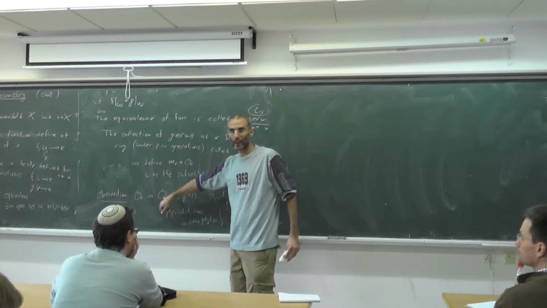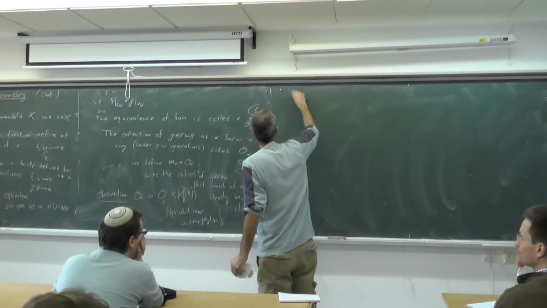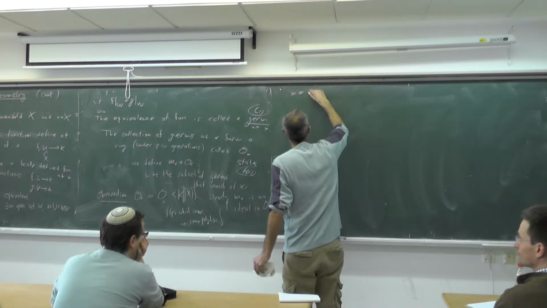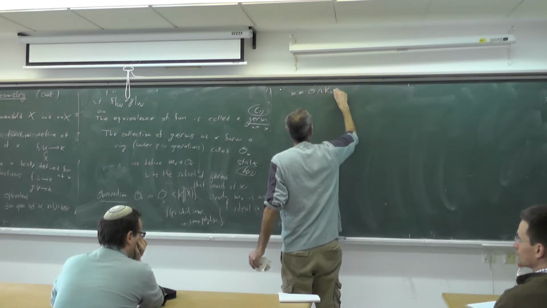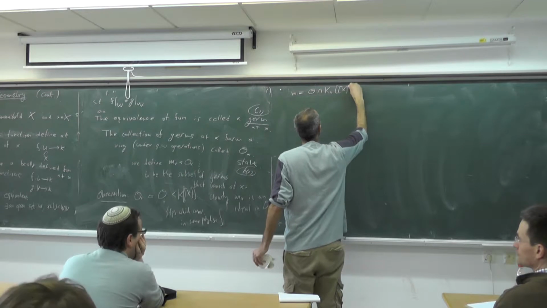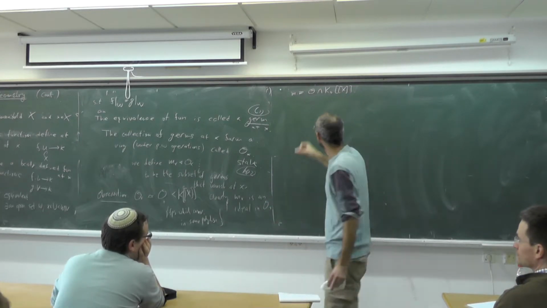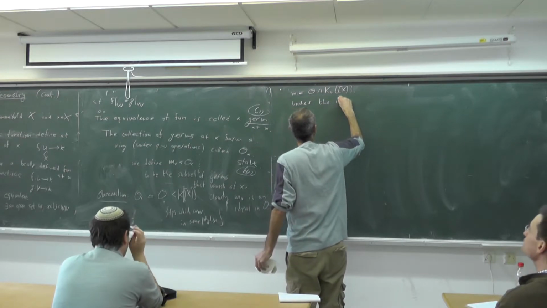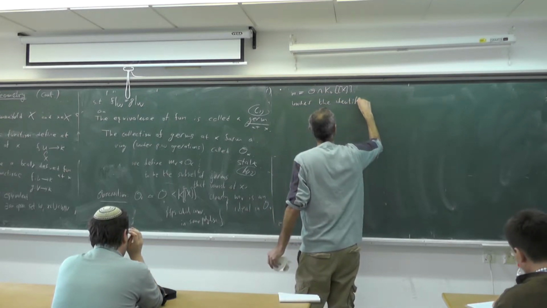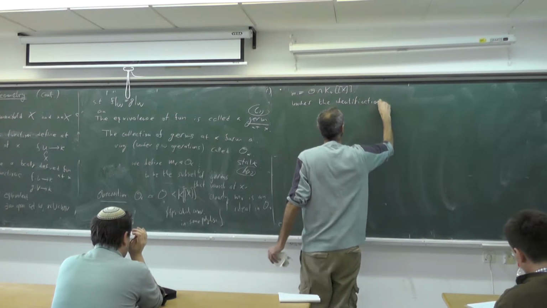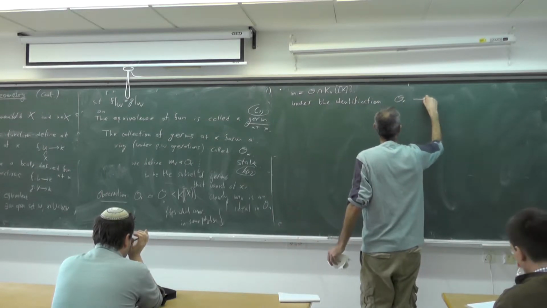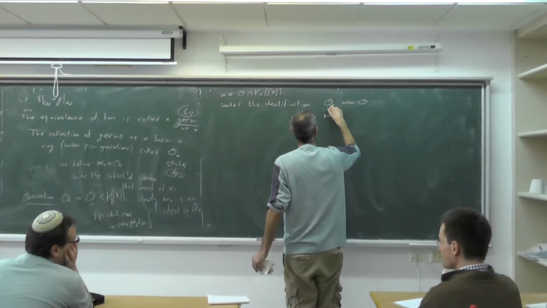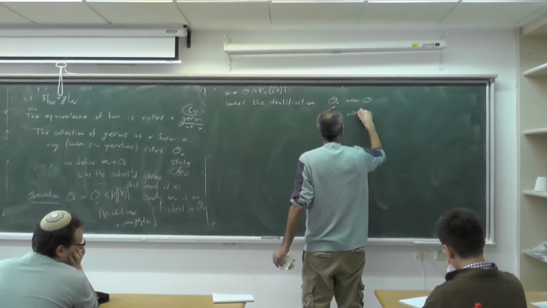And this clearly has an ideal in it, and is defined. Under verification, O_x is O, and I have m_x is the same as m.